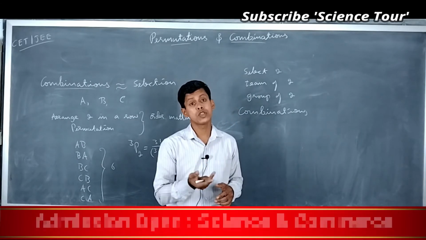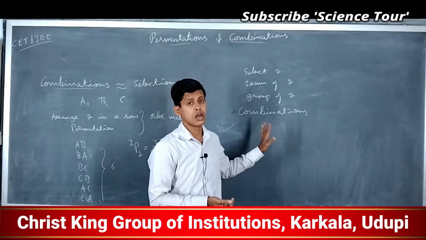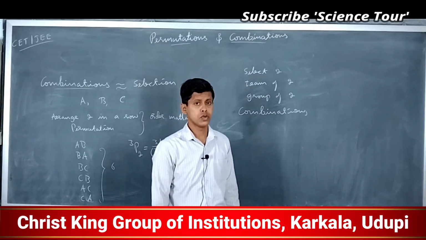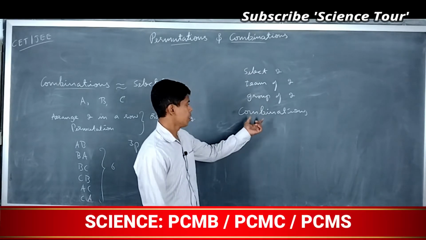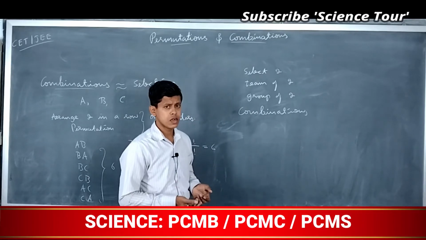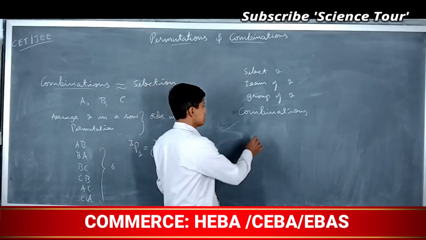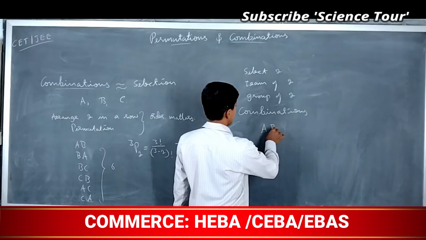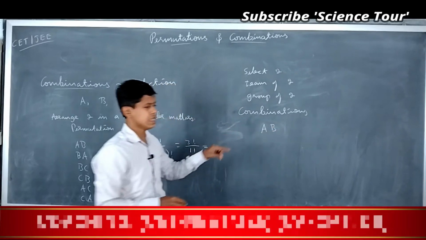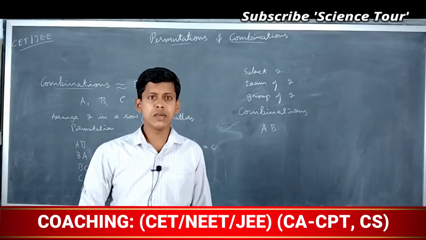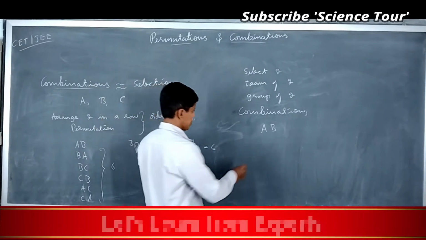How many different teams can you make? That's the question that we have to address. Now what are the different ways you can select? One way is that you can select A and B or B and A, both will give you the same team, they don't give you a different team.